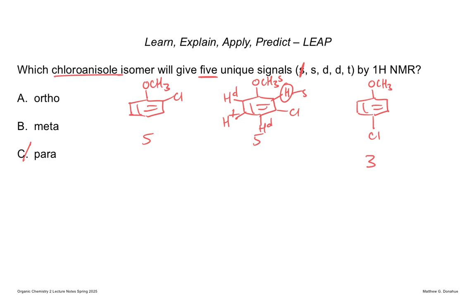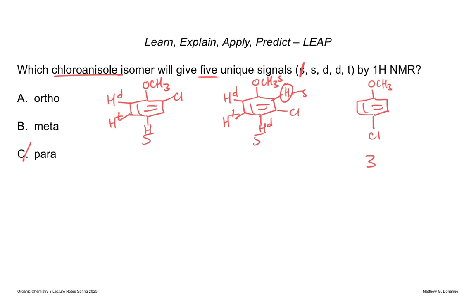Let's just run through the ortho to see how that pattern will change. We already know that the methoxy is giving it the singlet. So now how is it different from the meta? That one looks like the one from meta, so it has to be a doublet. That one maps onto meta as well, so that's a triplet.